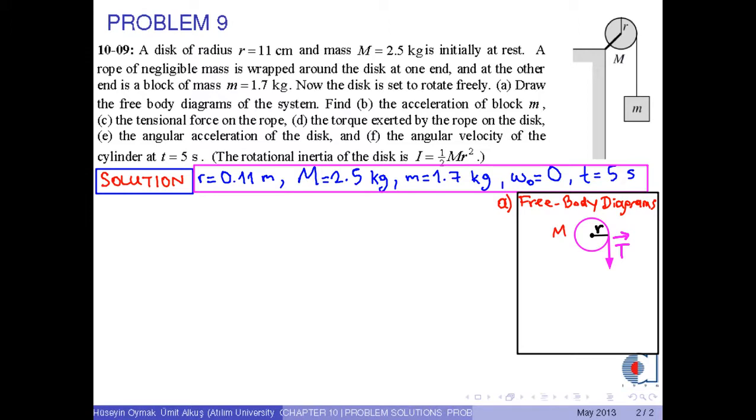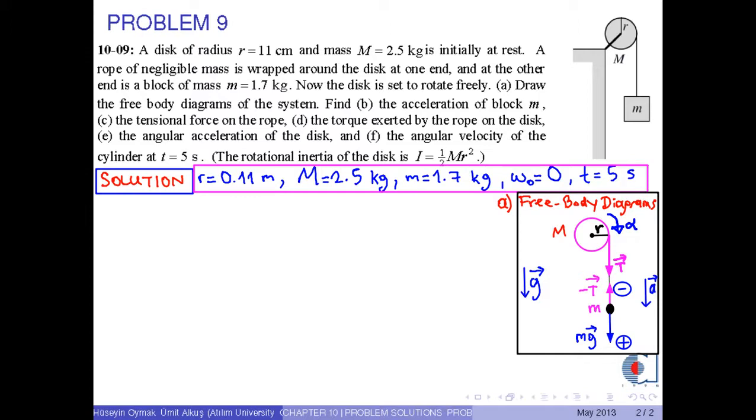Because there is a rotation, we draw the angular acceleration as this. And the free body diagram for small m is drawn like this. Here, a is the linear acceleration of mass m. Okay, that's all for the free body diagrams of the system.